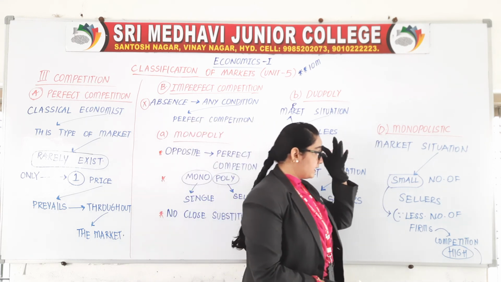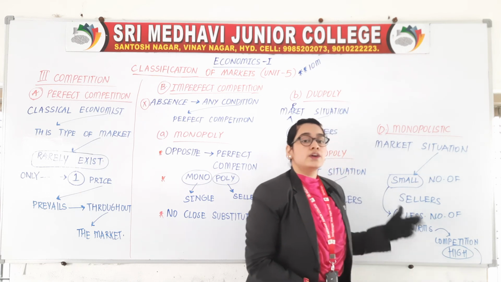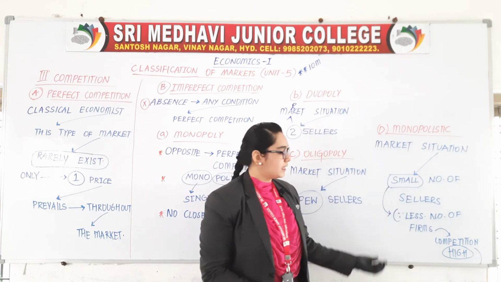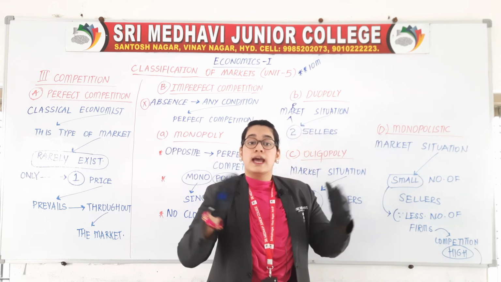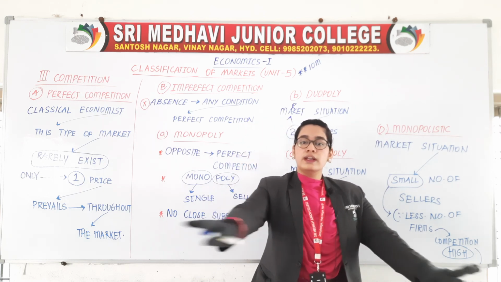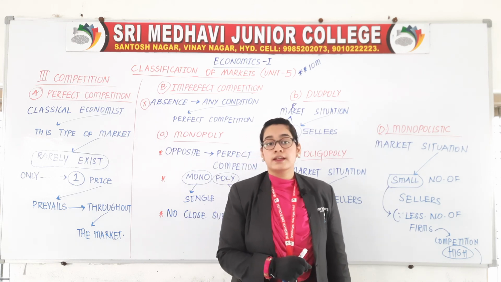Alright, last and final, monopolistic competition. This is a market situation where there are a small number of sellers. A small number of sellers means fewer firms, and competition will be more. When there are more students in a class, the competition will be less.